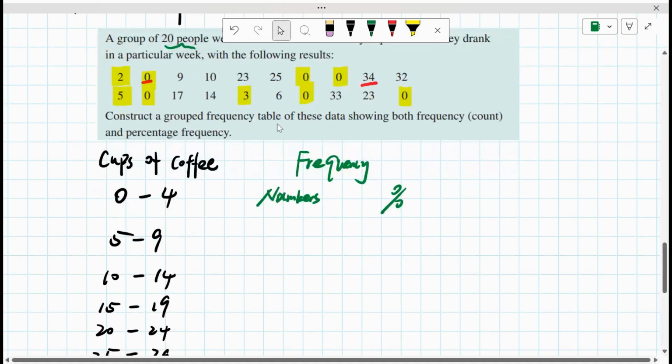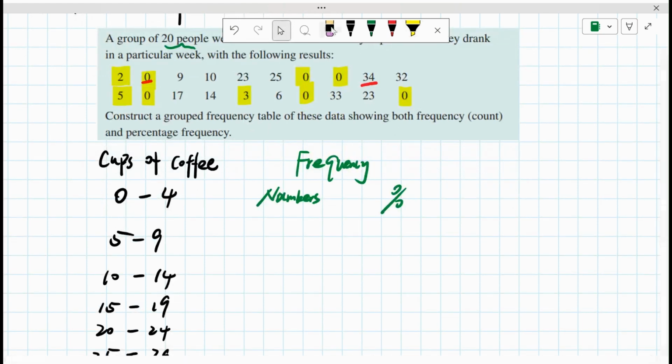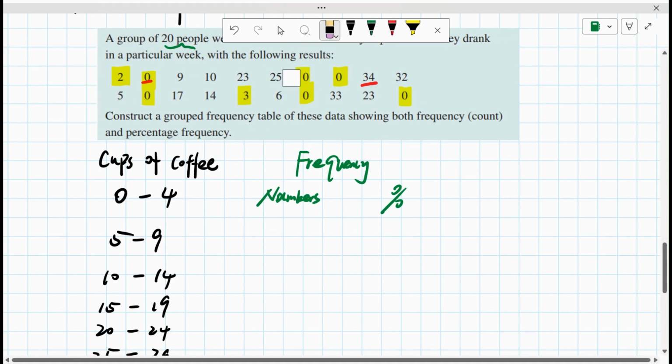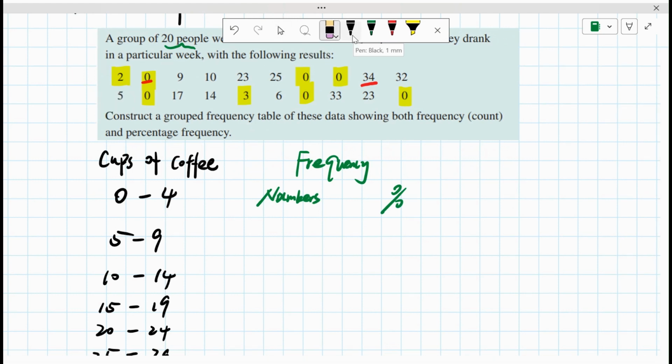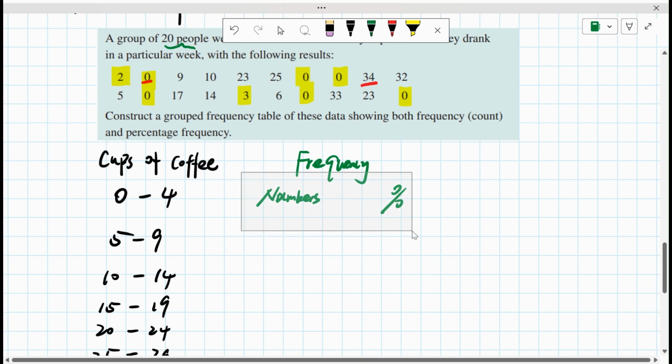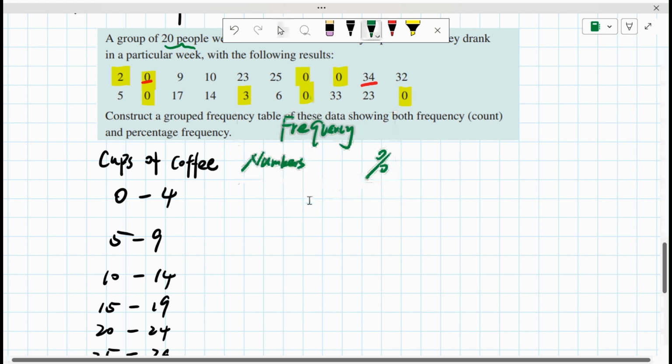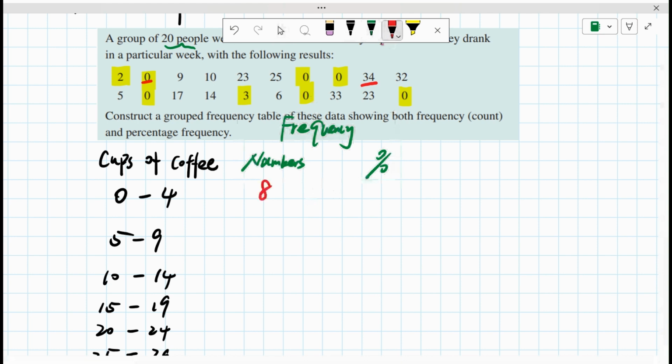Actually, sorry, it's not. It's 8 out of 20, because 5 is over 0 to 4. So we move the frequency a little bit up here, and that becomes 8. So 8 over 20 multiplied by 100.